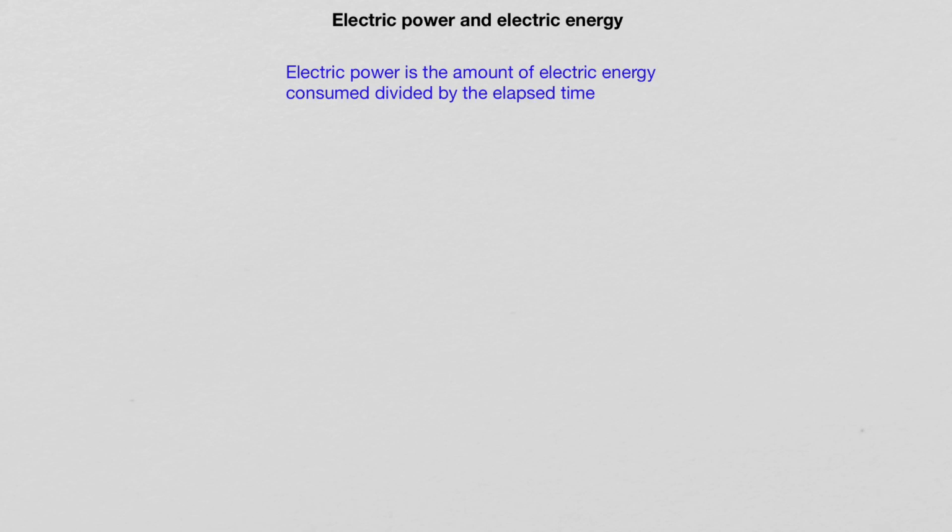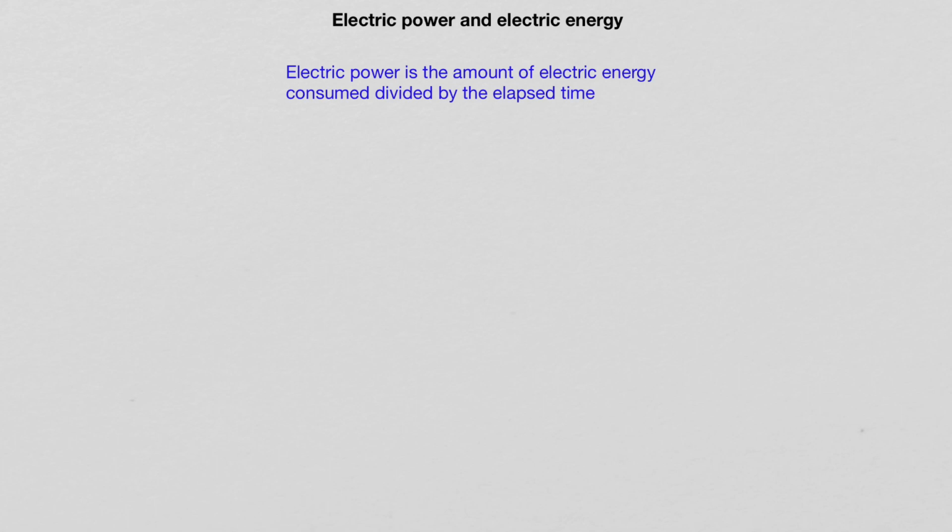In the case of electric currents, the energy in question is the electric energy. So electric power is the amount of electric energy consumed divided by the elapsed time.